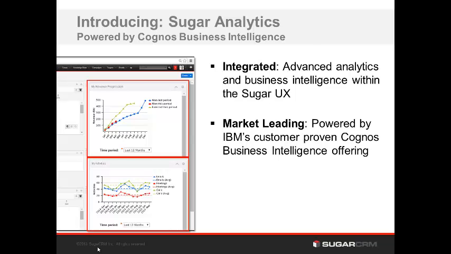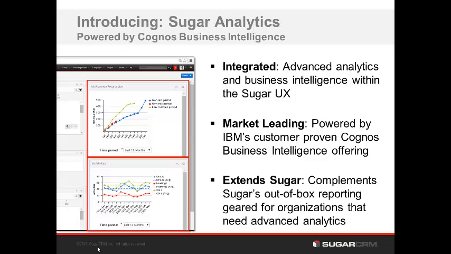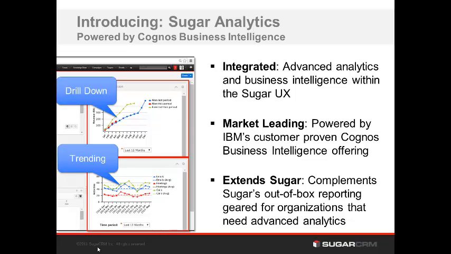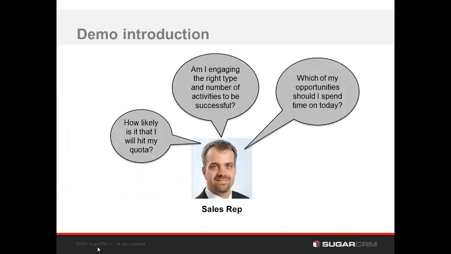It's powered by IBM's Cognos Business Intelligence offering, taking advantage of all the advanced capability that Cognos has, but embedding that directly into Sugar, and complementing and extending the out-of-the-box reporting that's provided by Sugar with advanced analytics, things like drill down and trending that you can now do directly from within the Sugar system.